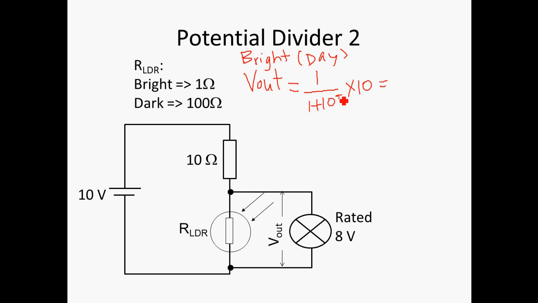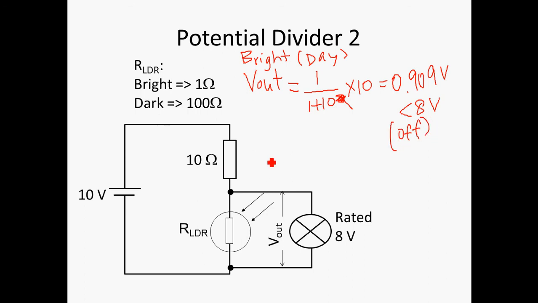This should be 10 here. So it's approximately 0.909. Alright, 0.909 is so much less than 8 volts, so the lamp will be off.